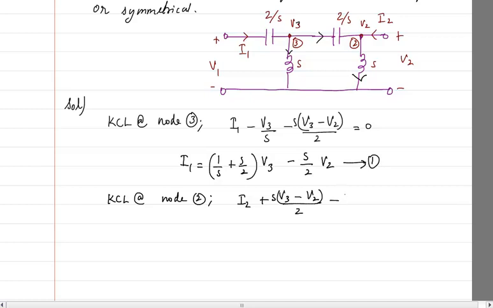The next is outgoing current, which is minus of V2/S, that is equal to 0, from which I can write I2 is equal to, if I take V2 components to the other side, I will get (S/2 plus 1/S) V2, and the V3 component, if I take the other side, will be minus S/2 V3.